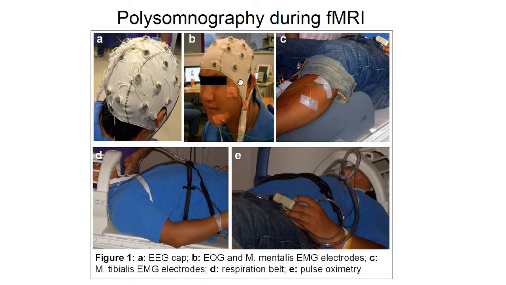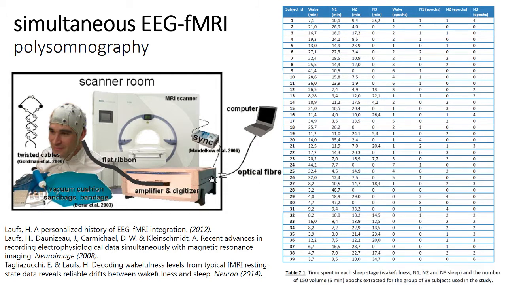So, of course, if one wants to study the large-scale functional architecture of the brain, the standard method to study whole brain activity in humans is fMRI. One has to handle the problem of doing EEG inside the fMRI scanner, and there is a whole optimized setup for this that we applied. I'm not going to touch a lot on this, but basically what one is doing is combining the two techniques simultaneously, EEG and fMRI and polysomnography.